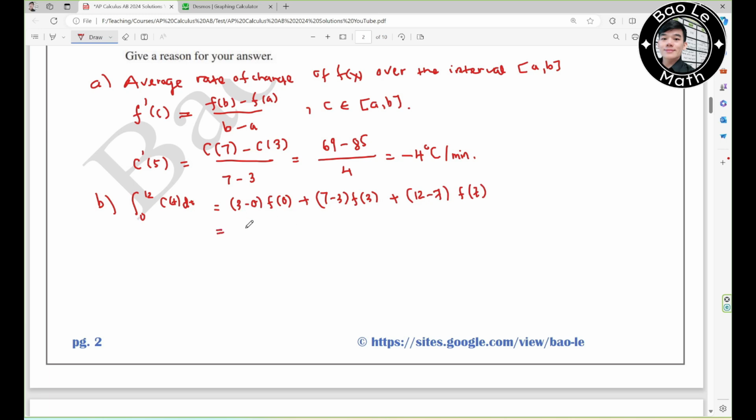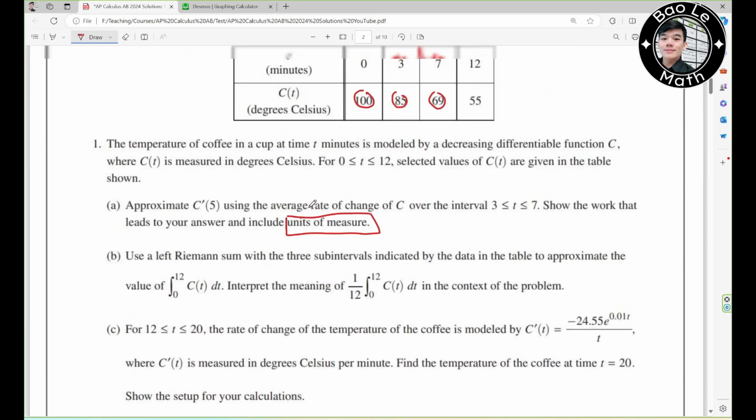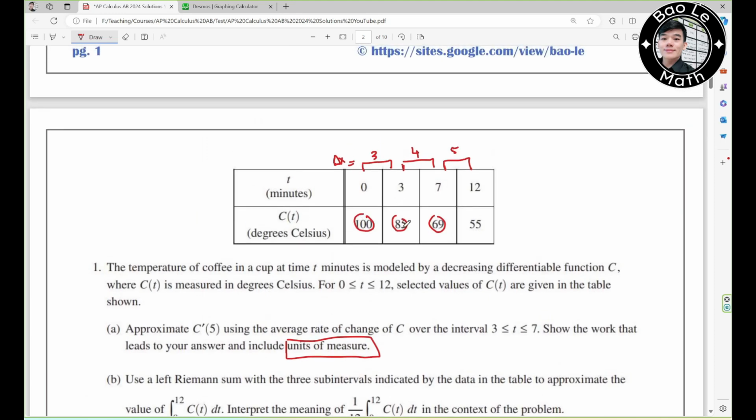Alright, 3 minus 0 is 3, f of 0 is 100, f of 3 is 85, f of 7 is 69.